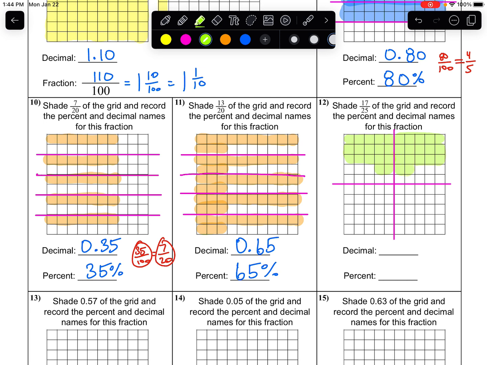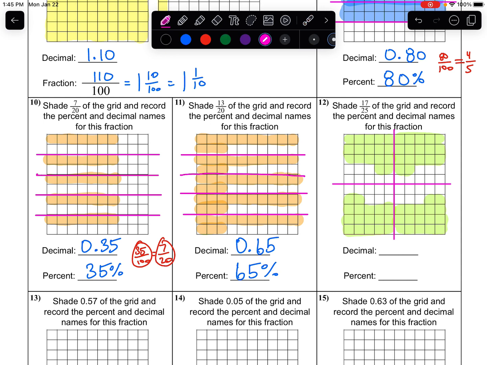Let's do that down here as well: 5, 10, 15, 16, 17, and then 5, 10, 15, 16, 17. So let's count this out. This is 10, 20, 30, 40, 50, 60, 62, 64, 66, 68.